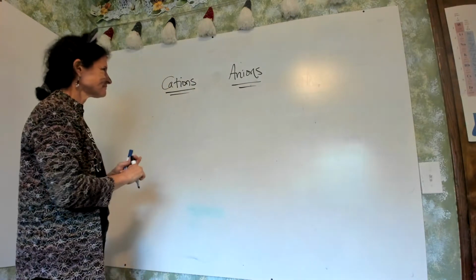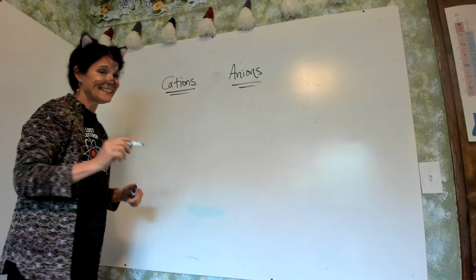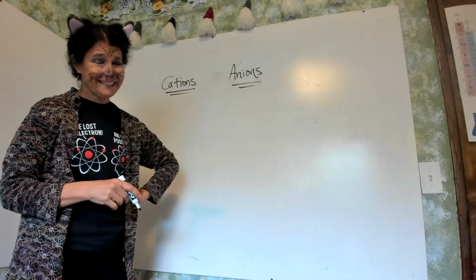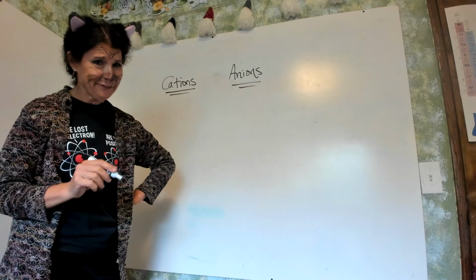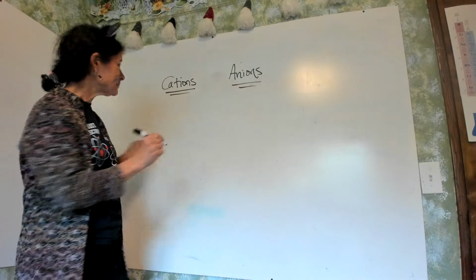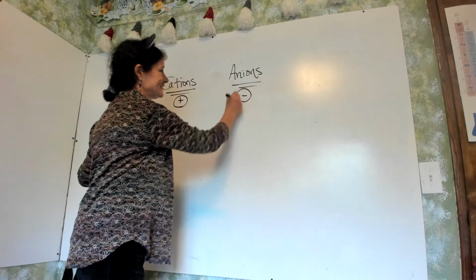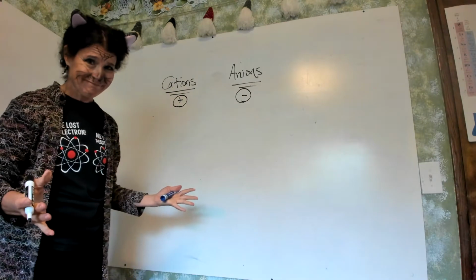Cations. This is something a student said to me 22 years ago, and I looked at him like, you're crazy. But the way you could tell these apart, cations are going to have positive charge and anions are going to have a negative charge.